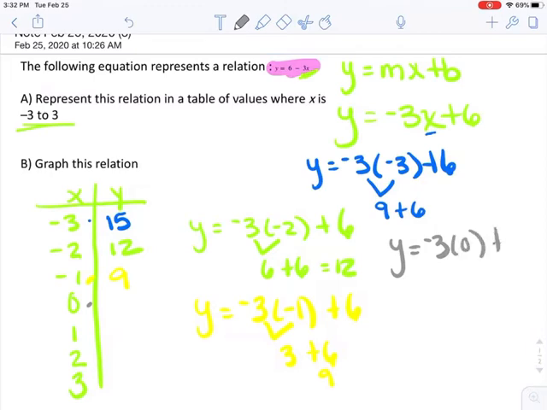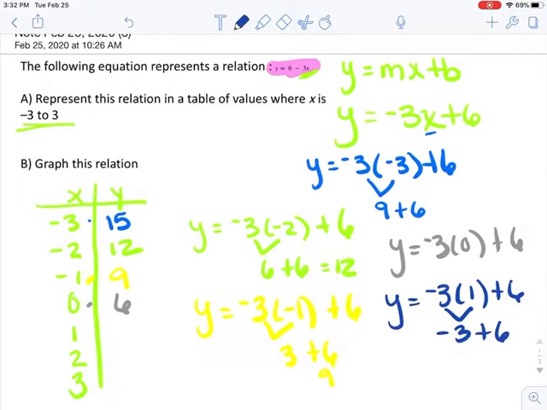So negative 3 times 0 plus 6 gives me 6. Negative 3 times 1 gives me negative 3 plus 6 gives me negative 3, plus 3, I'm sorry.